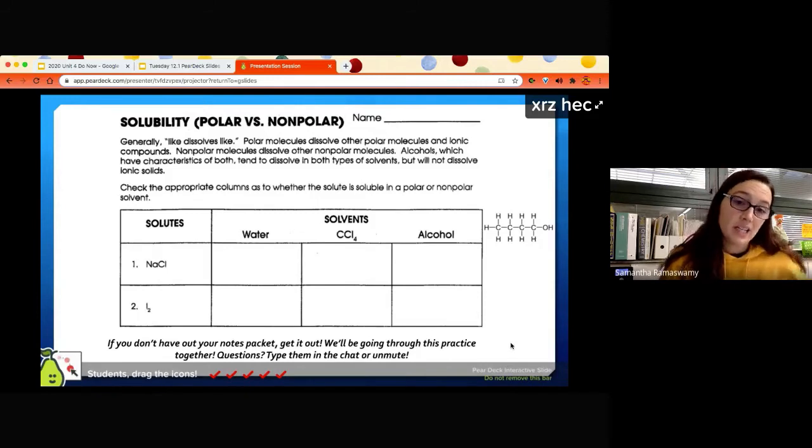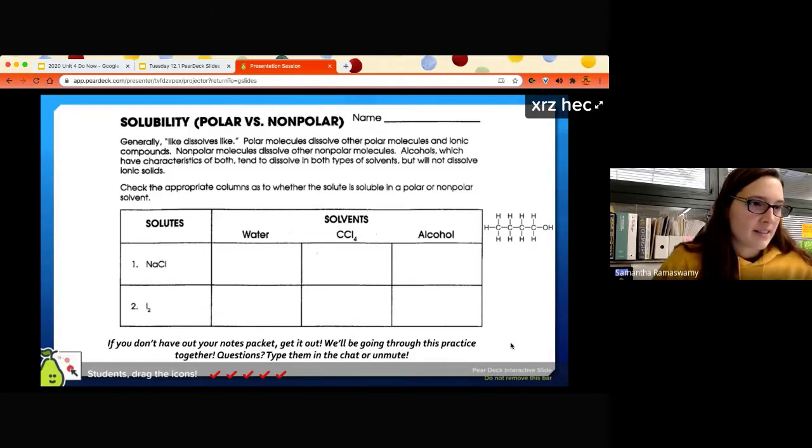So to give a hint, you should have 1 check mark for NaCl, and you should have 2 check marks for I2. So again, a little hint. 1 check mark. I see people's little check marks moving. 1 check mark for NaCl, 2 check marks for I2. And again, read at the top if you need to. It talks about what will dissolve what.